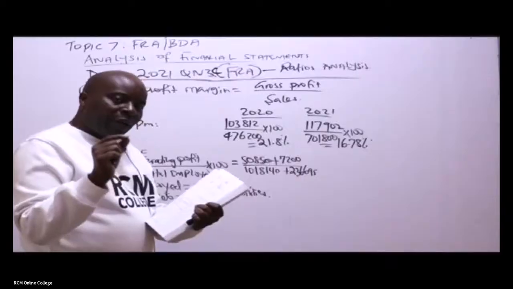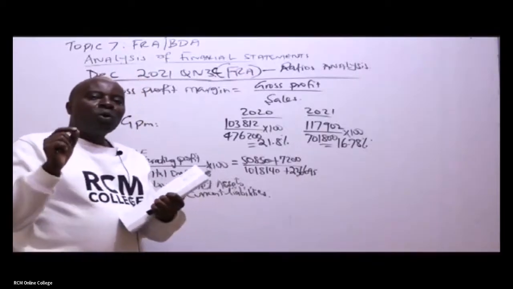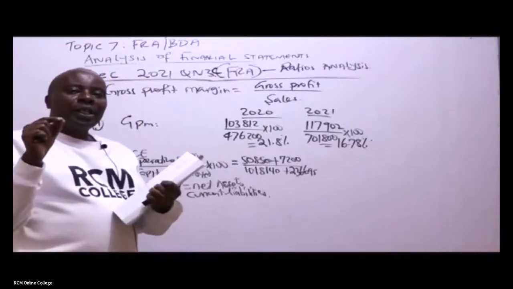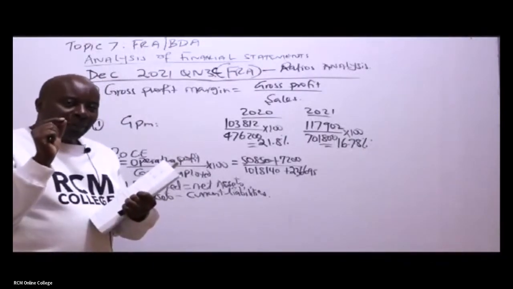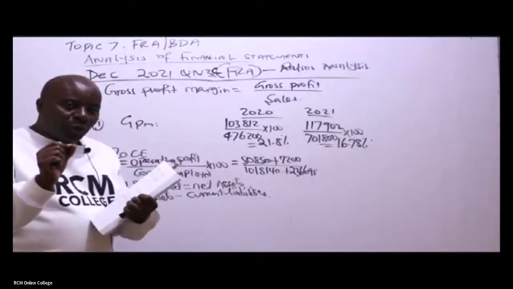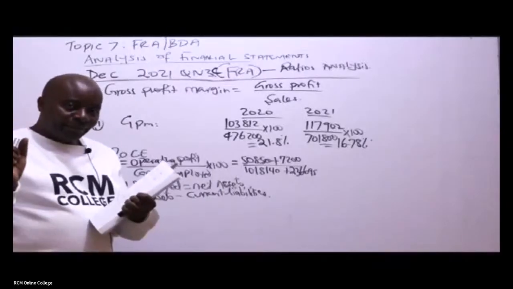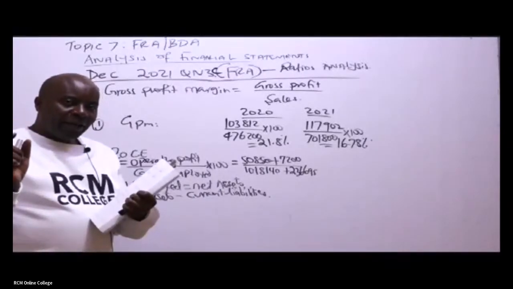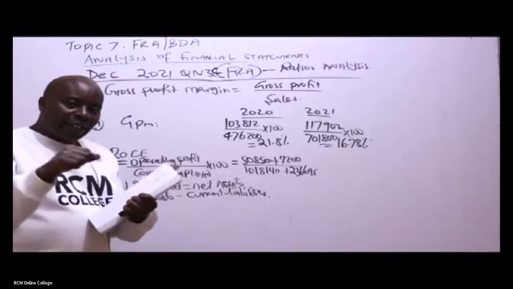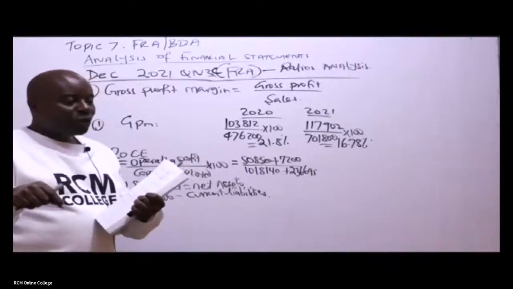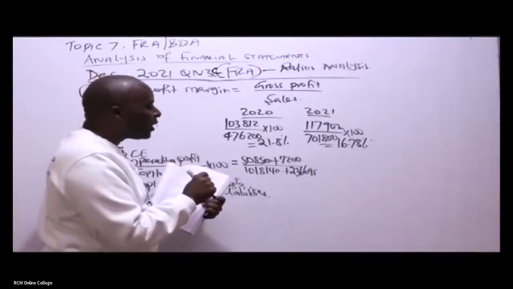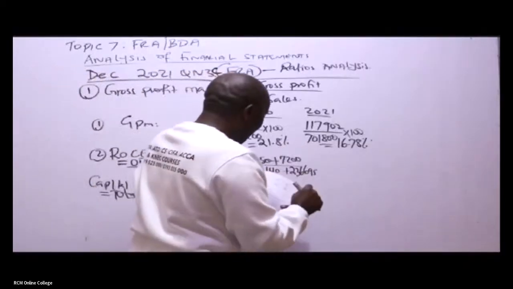And yet, whenever we talk of capital employed, we are looking at the capital employed into the long term. Yeah. So remember, out of these total assets, there are current liabilities which will be paid in the short term. So you must always come and take away the current liabilities.